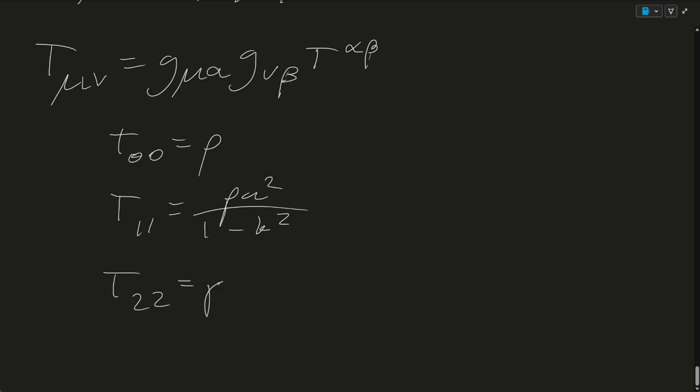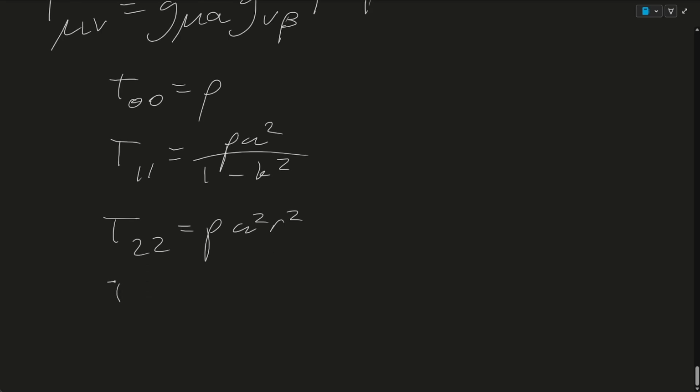T22 is equal to P g22. Actually, I'm not going to write that bit because it's obvious, which is P a squared r squared. And T33 is equal to P g33, which is P a squared r squared sine squared theta.